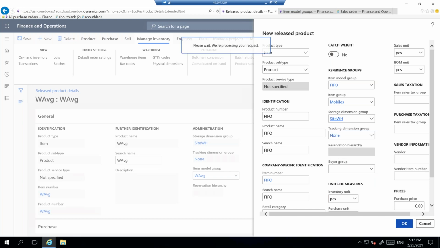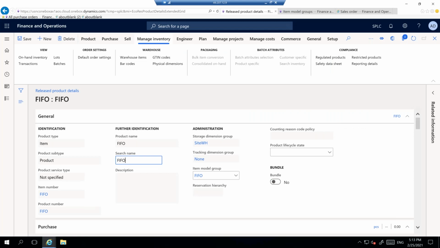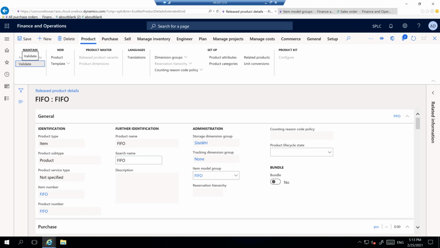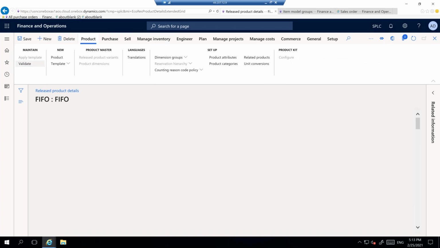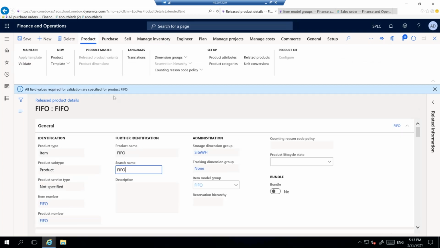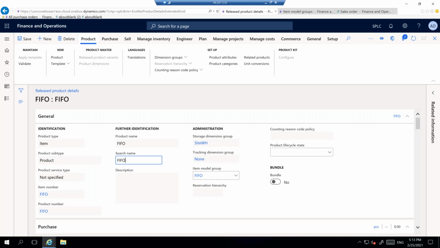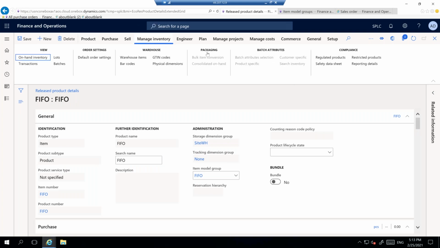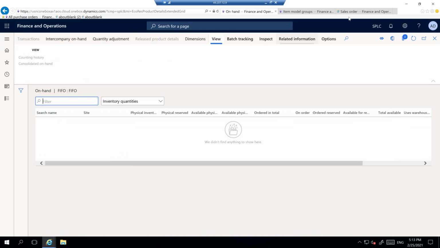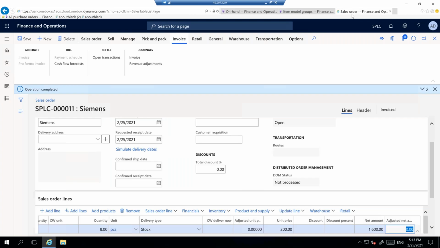So we'll do the same process for this item FIFO. Let me verify, validate whether all the fields are mandatory, required or not, mapped or not. It was mapped. Everything is done. We'll try to do a purchase order, we'll try to do a sales order, and we'll try to understand what is happening. Okay, let me create a purchase order.